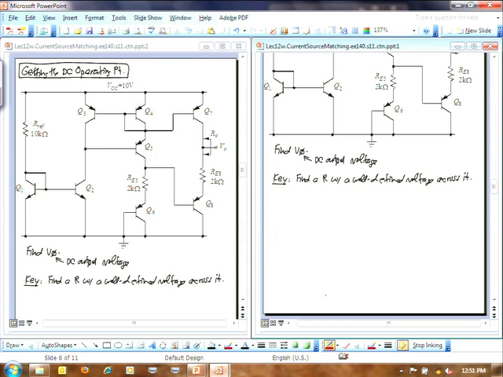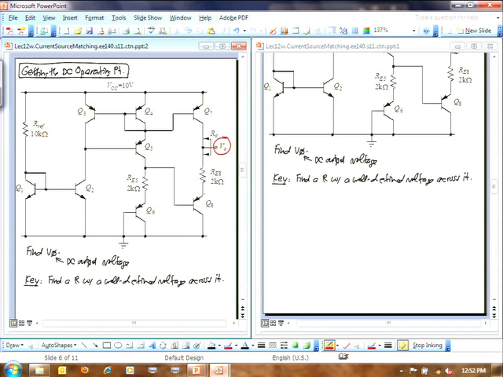So here's the voltage that I'm looking for. I want this voltage right there. I want that Vout. And I see a resistor right here. And so if I knew what current was going through that resistor, I could probably figure out what that voltage is if I knew what the voltage was right here.